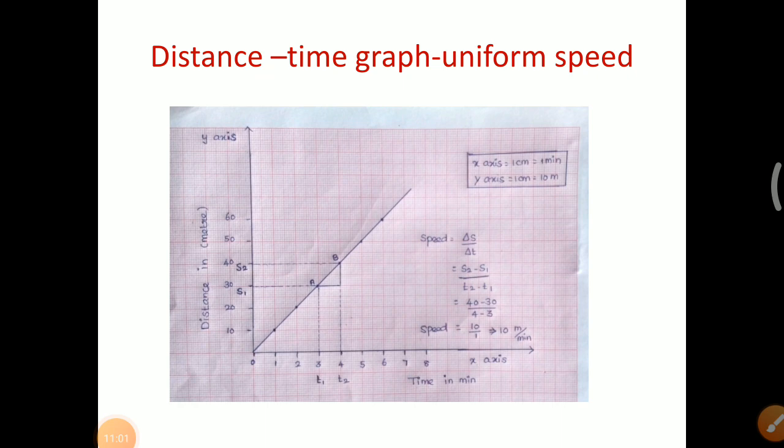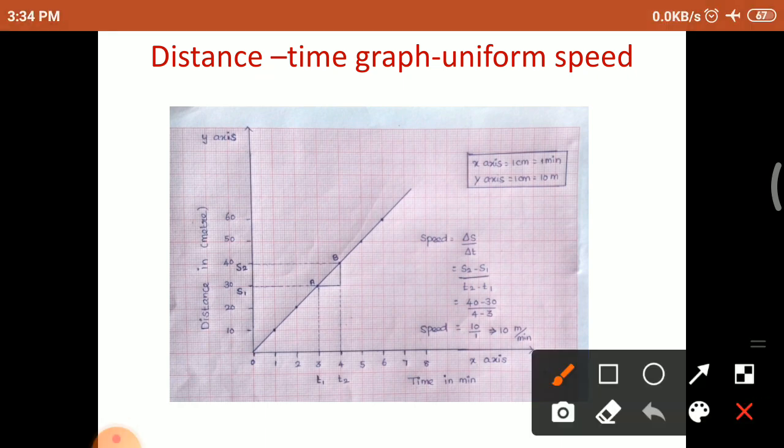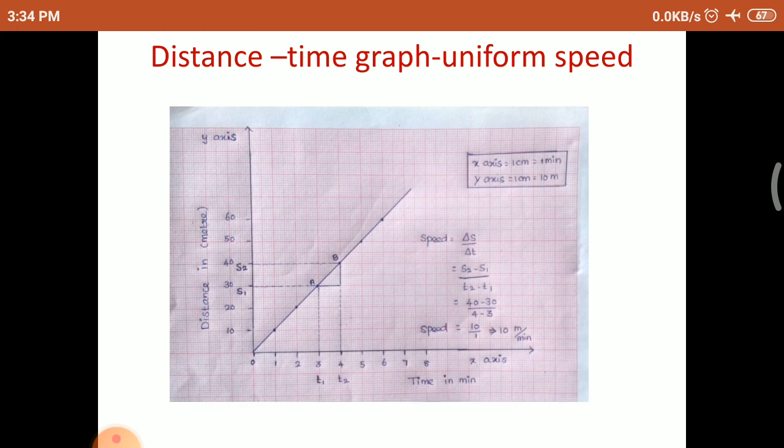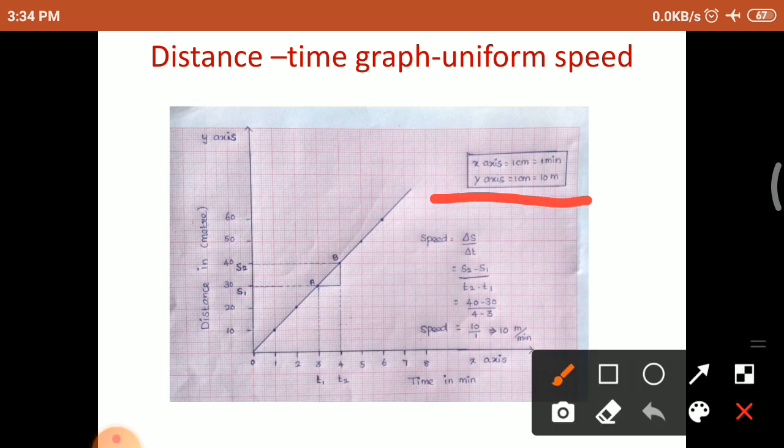The next one, this is a graph for uniform speed. When you are drawing the graph, you have to draw the x-axis and write time in minute. You have to represent the unit also. Then on the y-axis write distance in meter. After completing the marking of points in the graph, you have to write the scale.